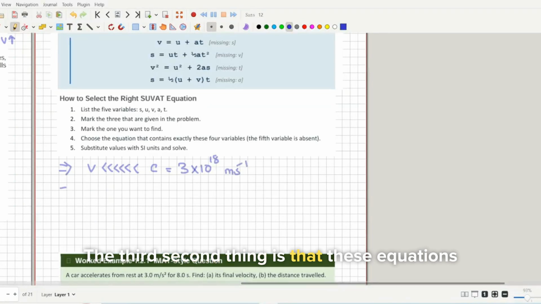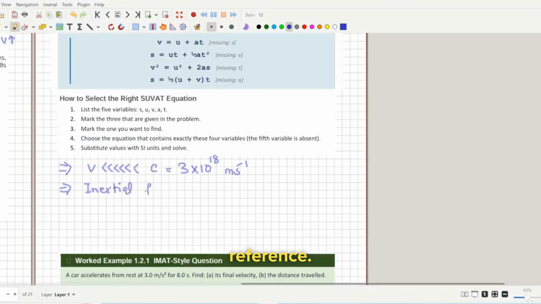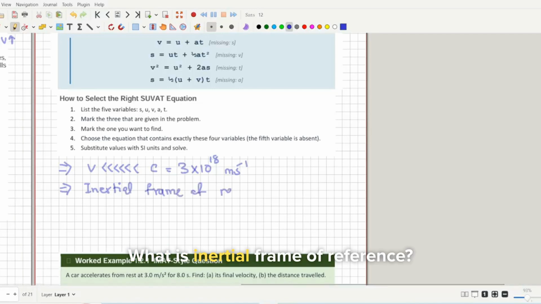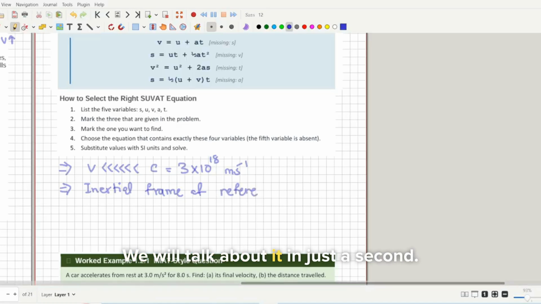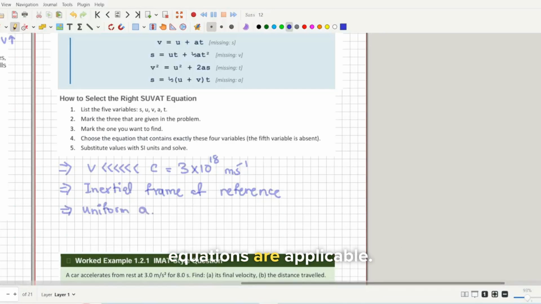The second thing is that these equations are only applicable in an inertial frame of reference. What is an inertial frame of reference? We will talk about it in just a second. The next thing is these are only applicable for uniform acceleration. If the acceleration is uniform, then these equations are applicable.